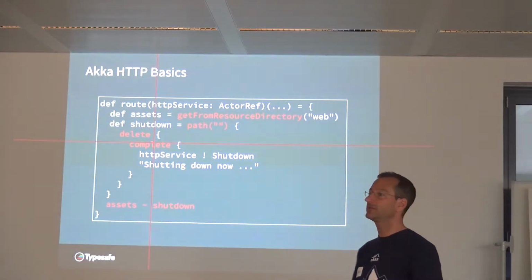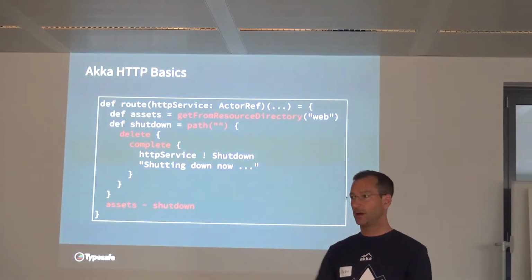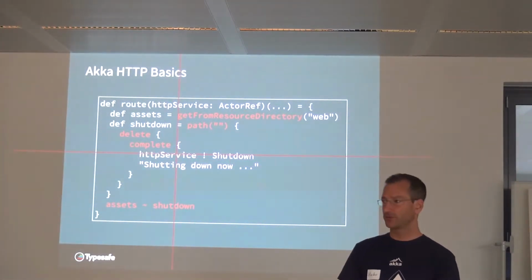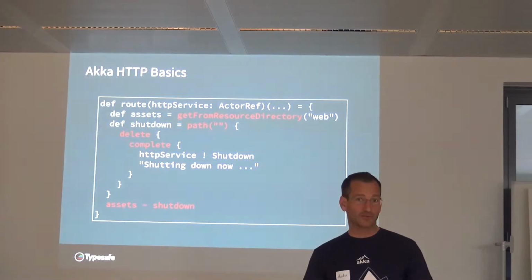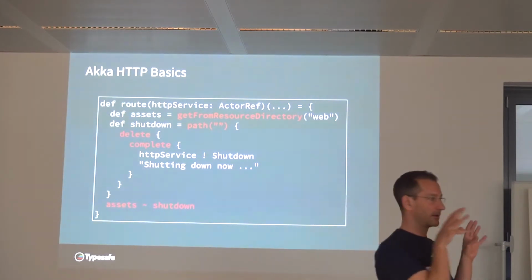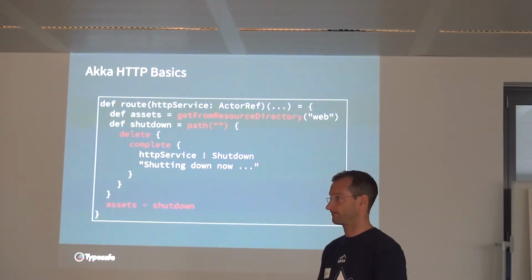And then we complete this request. So in this case, we complete a delete request to the root path by sending the shutdown message to the HTTP service. And that's a route. That's all you need. A route is essentially a way to handle requests and produce responses.